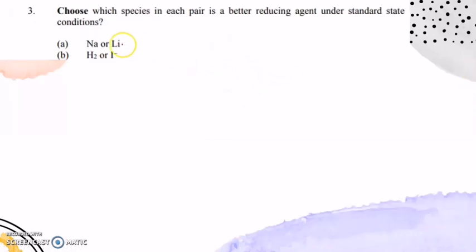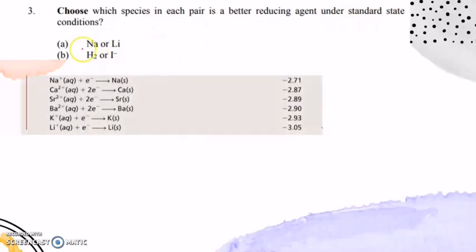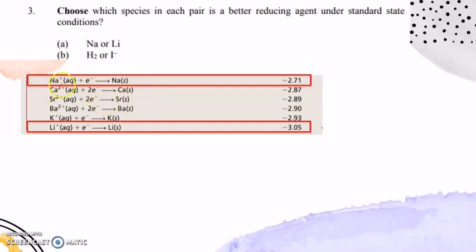The third question: choose which species in each pair is a better reducing agent under standard state conditions. Let's look at whether sodium or lithium is the better reducing agent. So we have to refer to our SRP table, to the values for sodium and lithium.